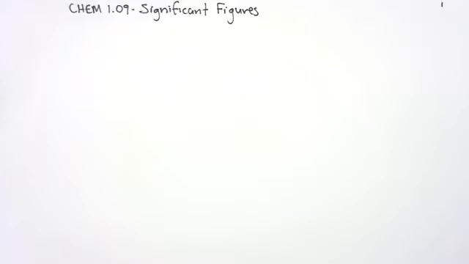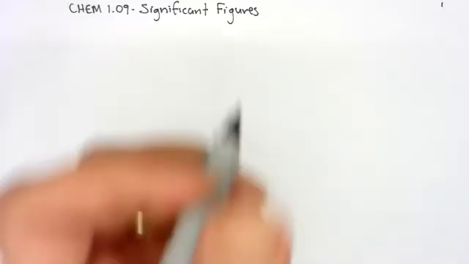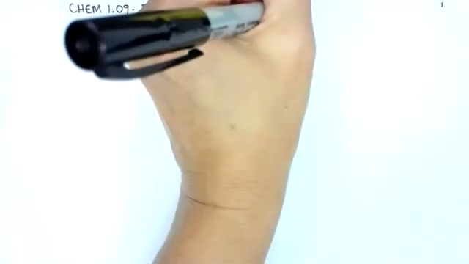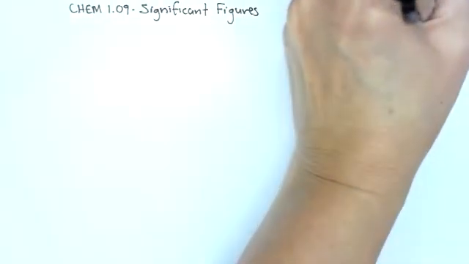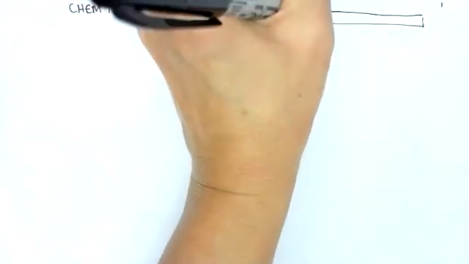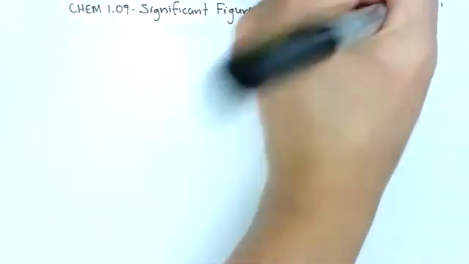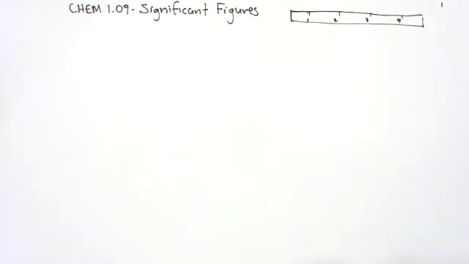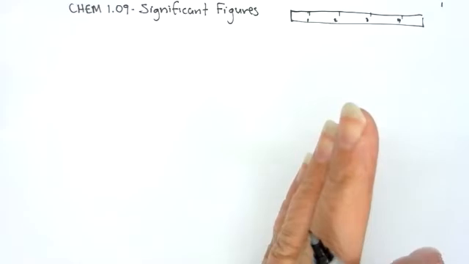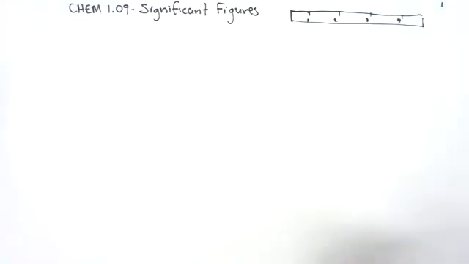We left off with the last lesson talking about accuracy and precision, and we said if we have a ruler and it has hash marks at the 1 centimeter, 2, 3, 4 centimeter mark, that if we get a value of 2.256 centimeters, and we say that we got that from this meter stick, we have a problem because it's not accurate enough to give us that many decimal places.